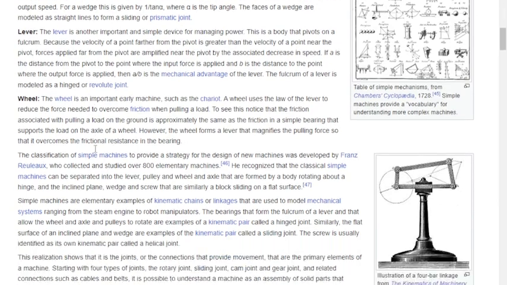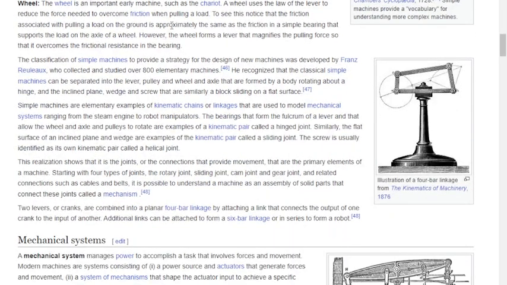Wheel. The wheel is an important early machine, such as the chariot. A wheel uses the law of the lever to reduce the forces needed to overcome friction when pulling a load. To see this, notice that the friction associated with pulling a load on the ground is approximately the same as the friction in a simple bearing that supports the load on the axle of a wheel.